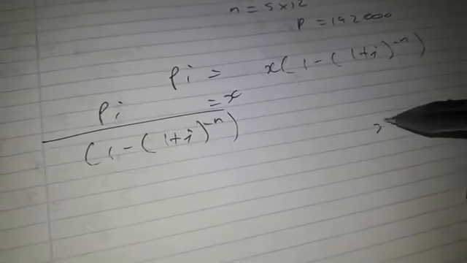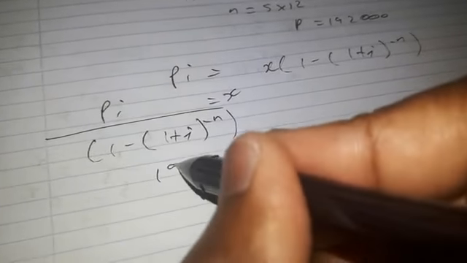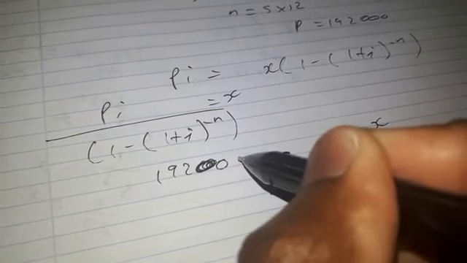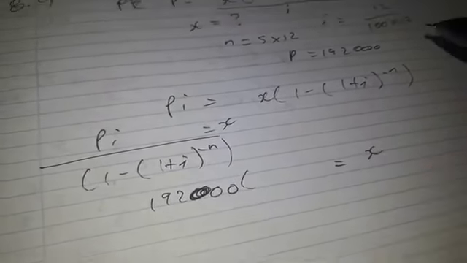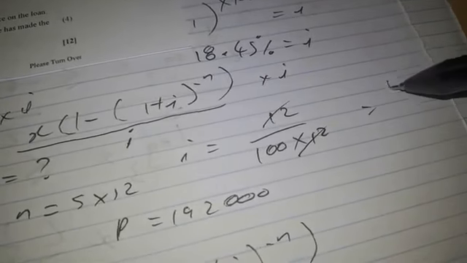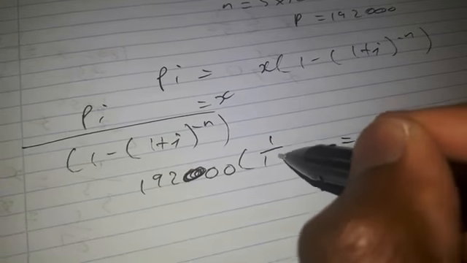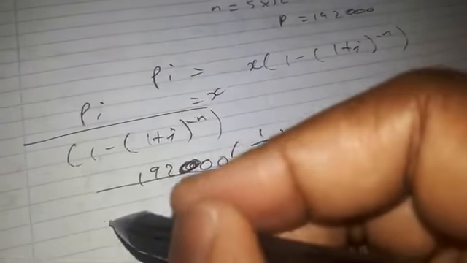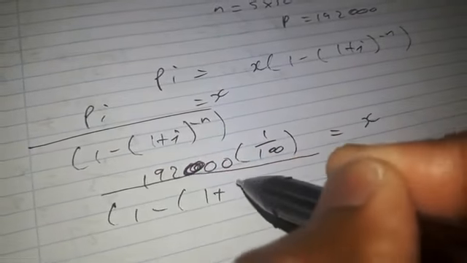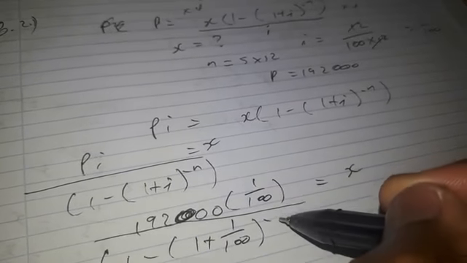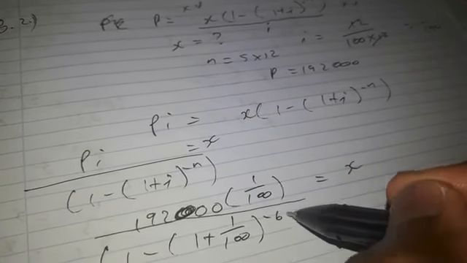Okay, so our x value, let's throw in everything. 192,000, like that. Interest, let's see here. This is technically going to be 1 over 100. And then down here we're going to have 1 minus 1 plus 1 over 100 to the power of negative 5 times 12, that's 60.